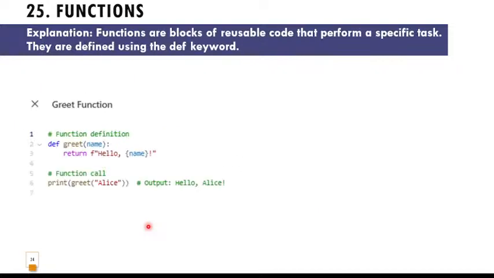Functions. Functions are blocks of reusable code that perform a specific task, and they are defined using the def keyword. So greet function, function definition: def greet(name), return f"Hello {name}". Function call could be done by print greet Alice, output will be Hello Alice.